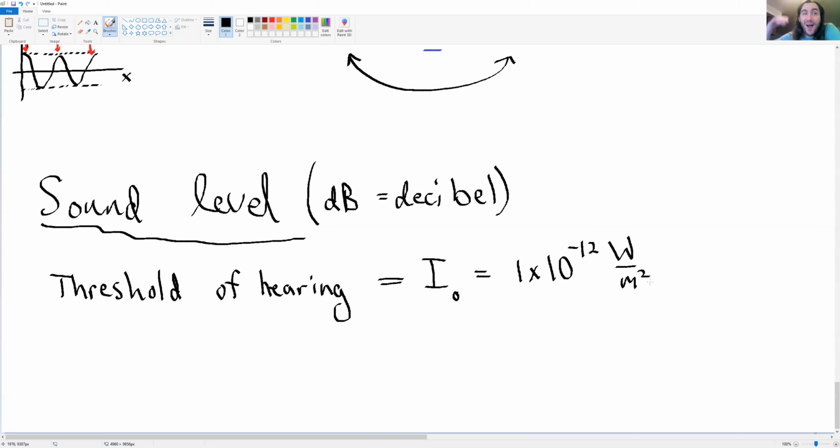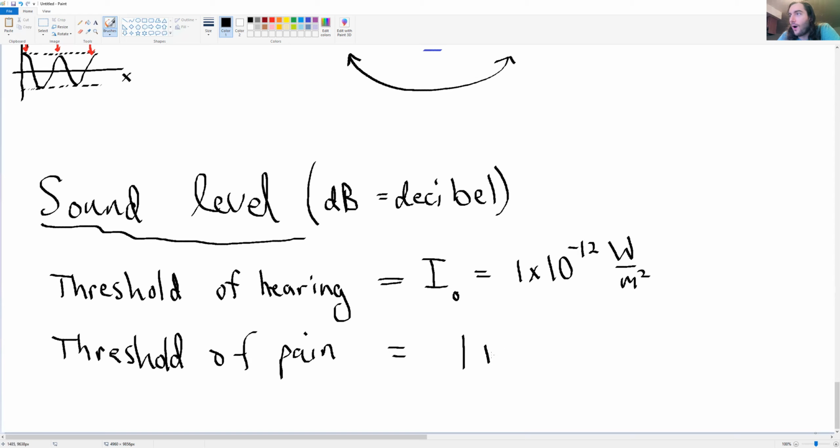Now, if we think about loud noises that we can hear, we could ask the following question. How much intensity would a sound need to have for my ears to start bleeding or for me to be in pain? In that case, the intensity for the threshold of pain is, surprisingly, 1 watt per meter squared.